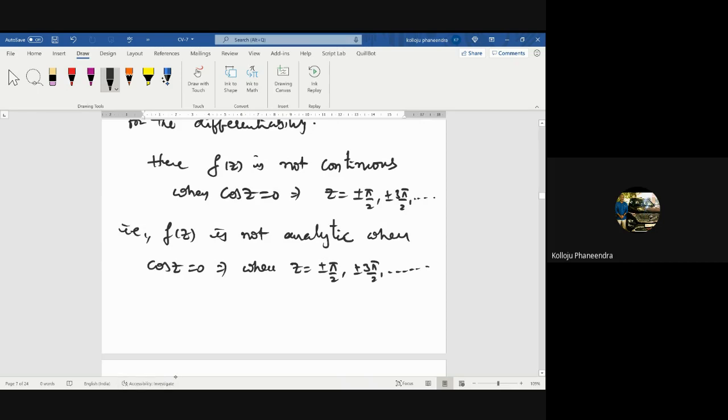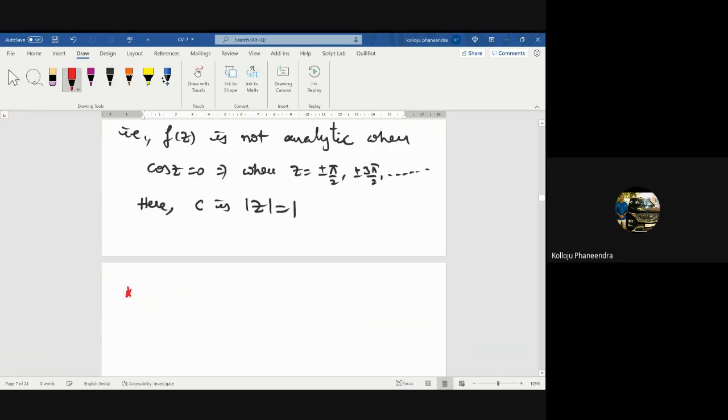Here C is mod z equal to 1. All these are points. Saying one more important point here, I think I forgot to tell.